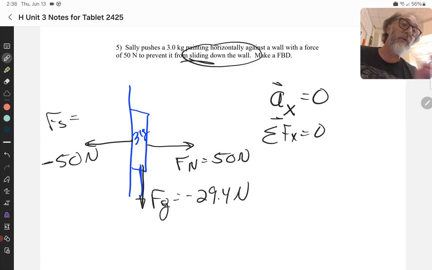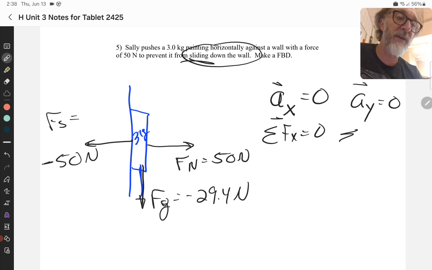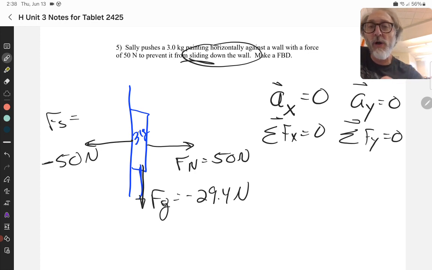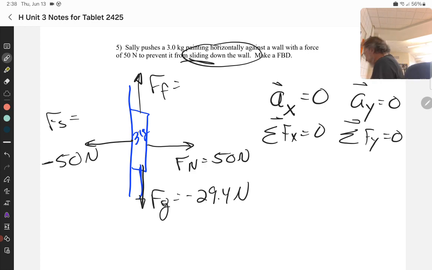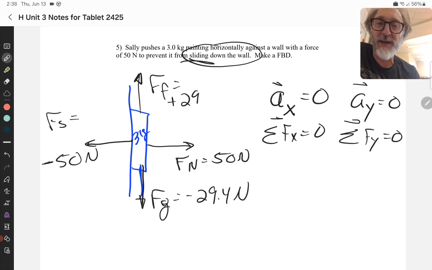The word sliding is always a good clue because it's telling us to think about friction. It's not accelerating vertically either, which means I can't have any net force vertically. So what's preventing it from sliding down the wall? Friction. My force of friction has to be positive 29.4 newtons to prevent it from sliding up or down.